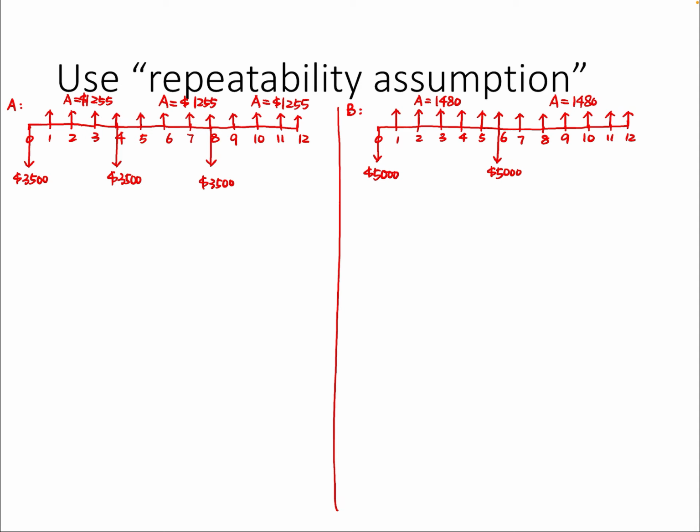Okay, so this is how you use the repeatability assumption to extend the shorter useful life to a longer study period. And then you just need to convert all the cash flow to the present worth and compare the present worth of A and the present worth of B to see which one is bigger.